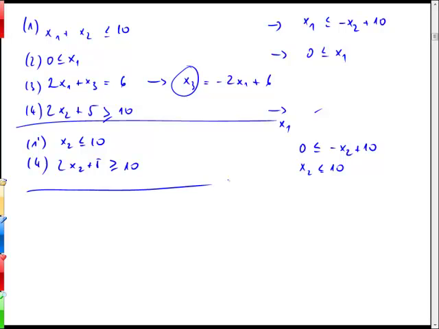I have one more variable, x2. I eliminate it also. For that, I again check. Here I have directly the bounds. From constraint 4, I get x2 is larger or equal 5/2.